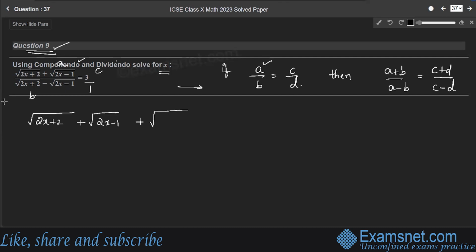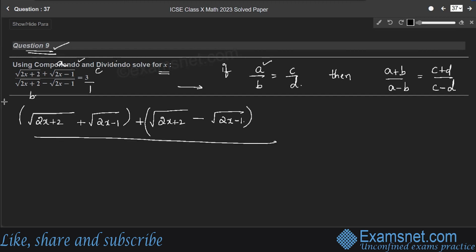B becomes the denominator part, root of 2x plus 2 minus root of 2x minus 1, so plus becomes minus. So A plus B by A minus B: here A is root of 2x plus 2, numerator part, plus root of 2x minus 1, minus B is root 2x plus 2 minus root 2x minus 1.